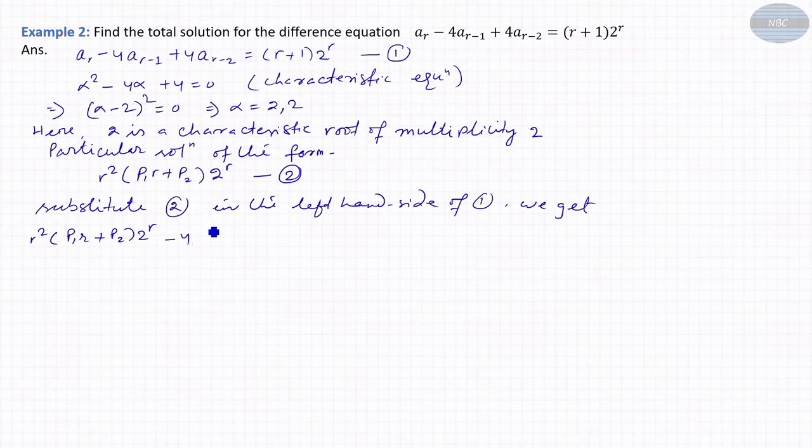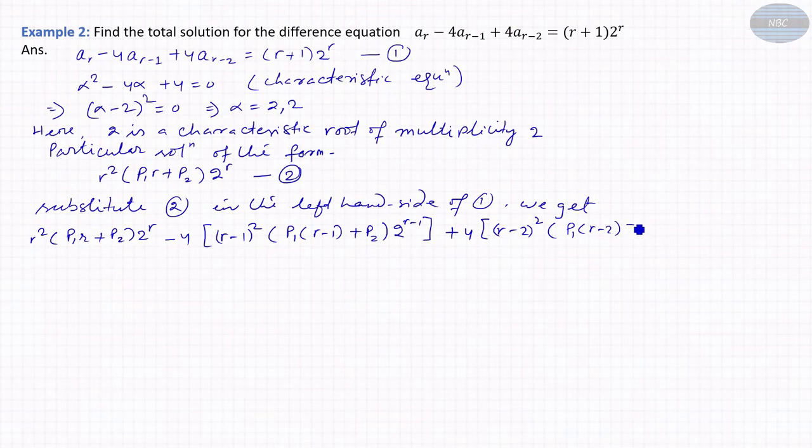Next we have minus 4 (r minus 1) square (p1 (r minus 1) plus p2) into 2 to the power r minus 1, plus 4 for the last term, 4 (r minus 2) whole square (p1 (r minus 2) plus p2) 2 to the power r minus 2.